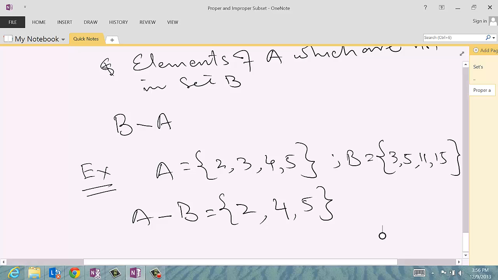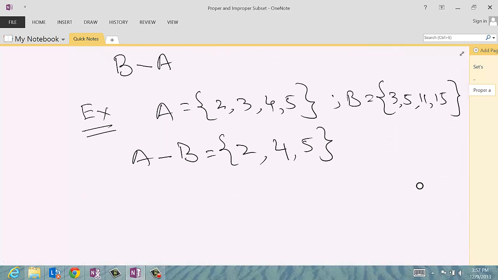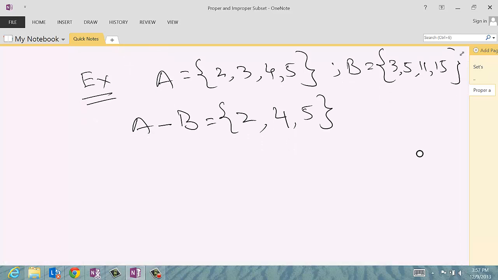So this is how you take the difference of sets.